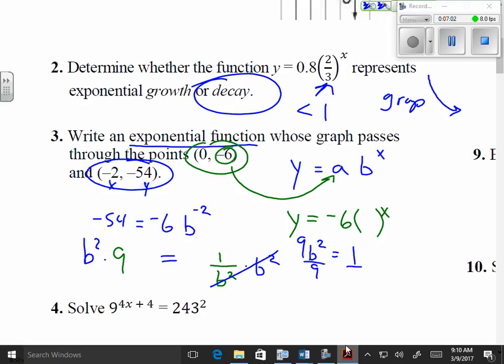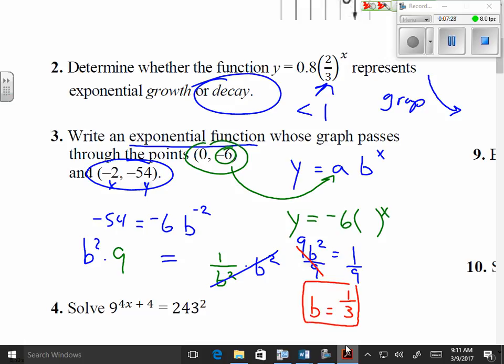Basically what happens is the b squared and the 9 could switch places. The 9 can go in the denominator, the b squared can come out here. But just to show the algebra that you have to do to make that happen, b squared is now 1/9. Take the square root of both sides, and b would be 1/3.